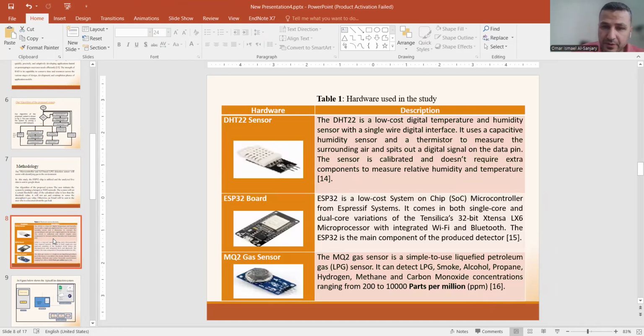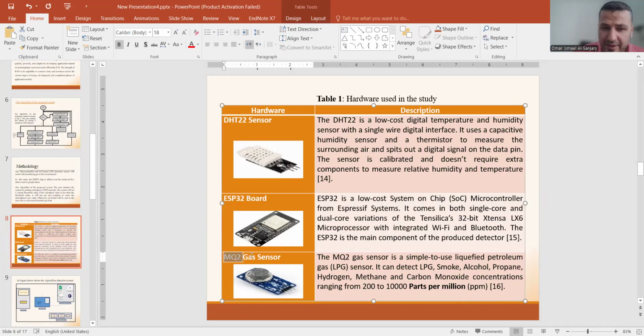The hardware that we used for this prototype, as I said in our algorithm, is of three types: the DHT22 sensor, the ESP32 board, and the MQ2 gas sensor. For MQ2, there are actually a lot of MQ sensors, such as MQ6 and MQ5.